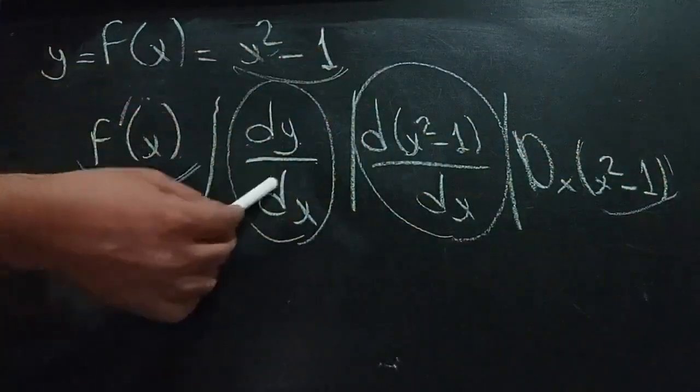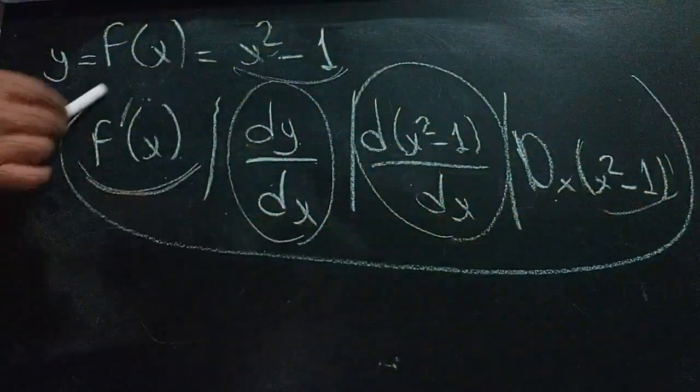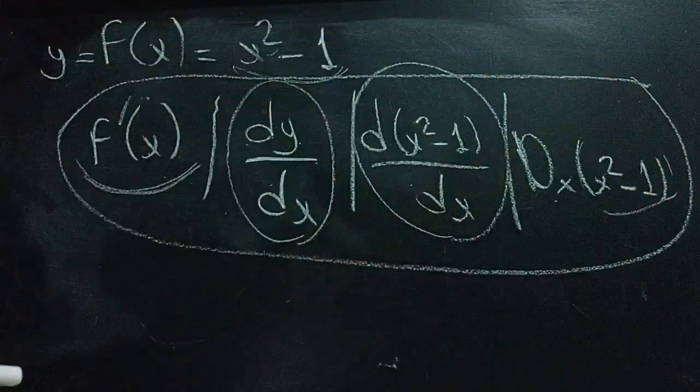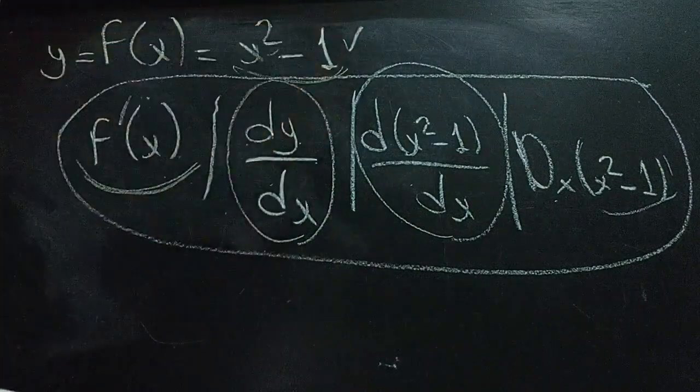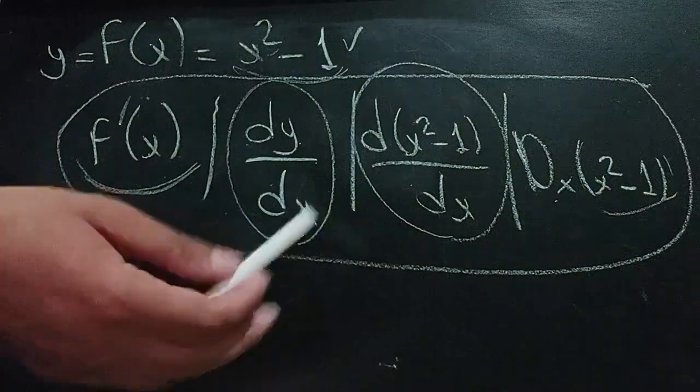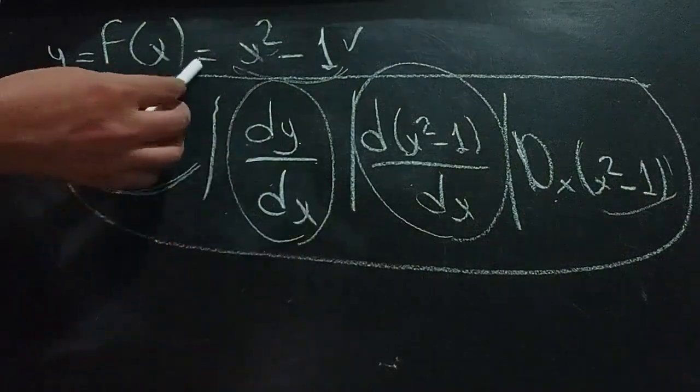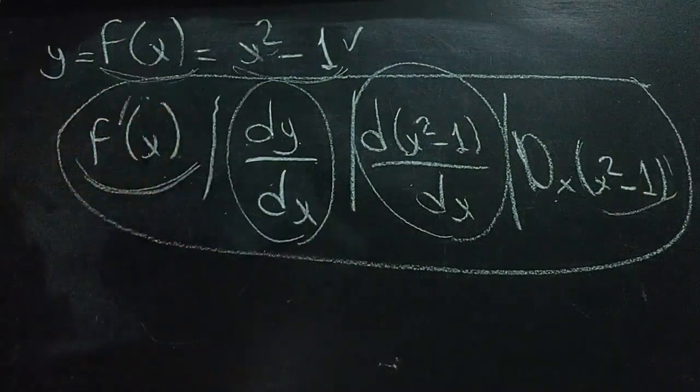All those four expressions mean the derivative of this function. All right, when you come across any of those, that means you are going to find the derivative of the function.